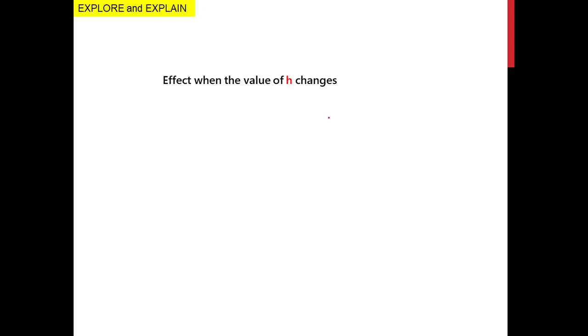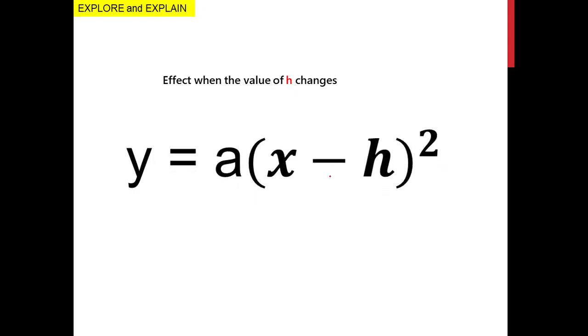Now, let's see the effect when the value of h changes. So let's use this equation, y is equal to a times the quantity x minus h, squared.